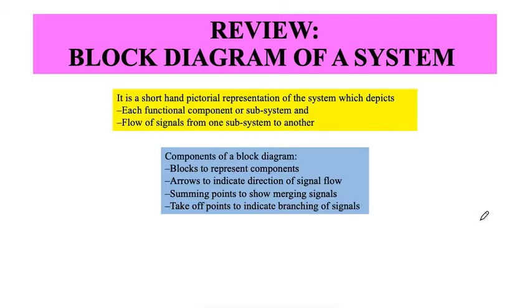Arrow indicates the direction in which the signal flows. Summation point shows whether signals add up, whether it is a plus or a minus, and so on. And take-off point indicates how we branch off signals.